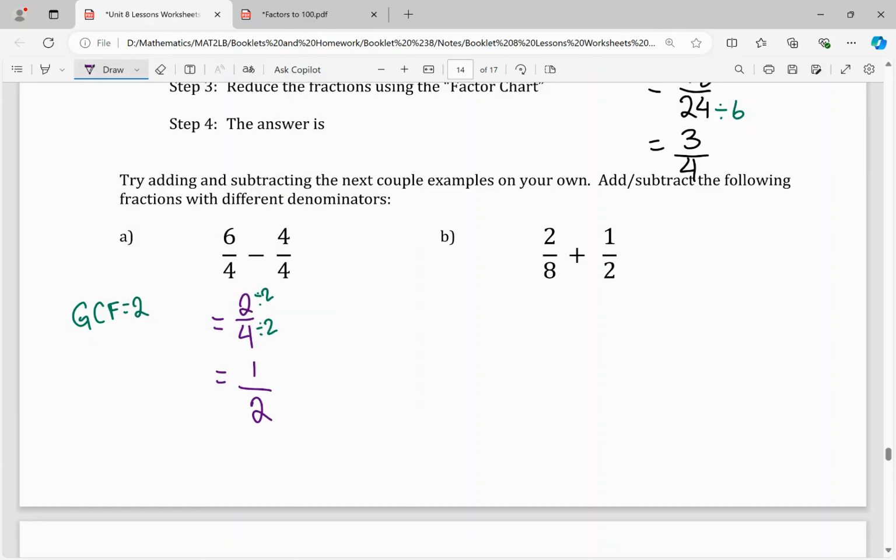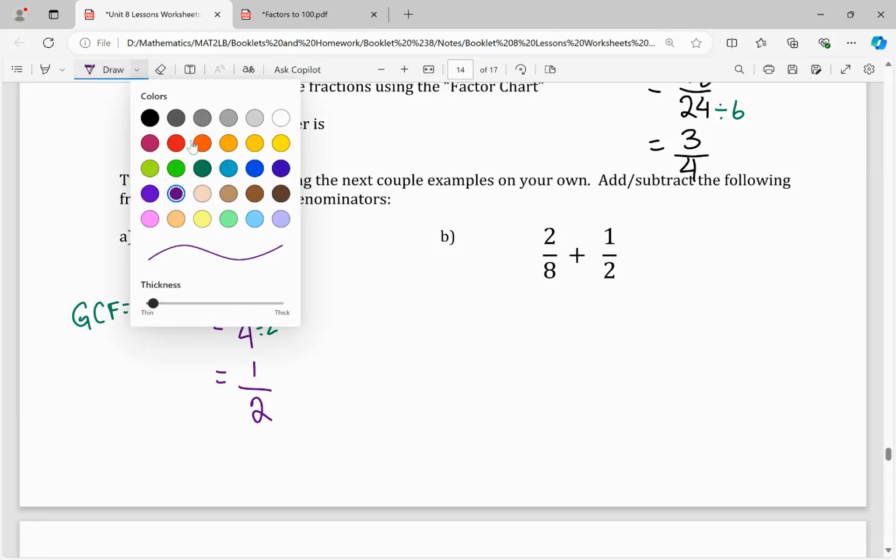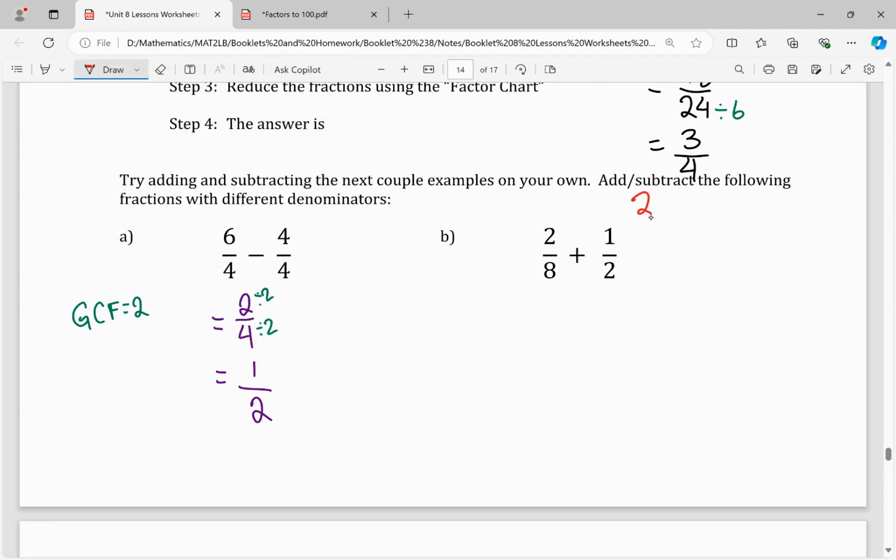In this last example, we need to find a common denominator. The first thing that we try and do is skip count. So we take the smaller denominator, which is 2, and we count up by 2's. 2, 4, 6, 8. So in this question, we can skip count, right? It takes us 4 counts to get to 8 by 2's.